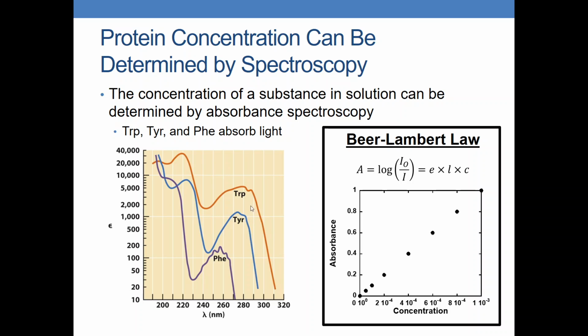Remember, because we're talking about extinction coefficient, this drop-off is a decrease in the probability of absorbing light at any of these wavelengths beyond about 280 nanometers. So really try to remember that absorbance is going to depend upon the wavelength of light that you are using, and there are certain wavelengths where you're going to absorb light better than others.